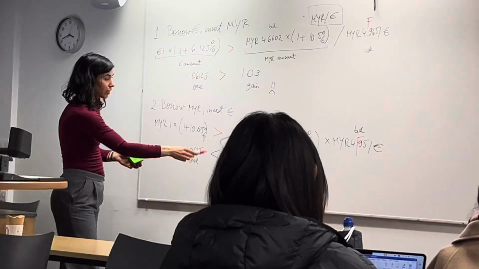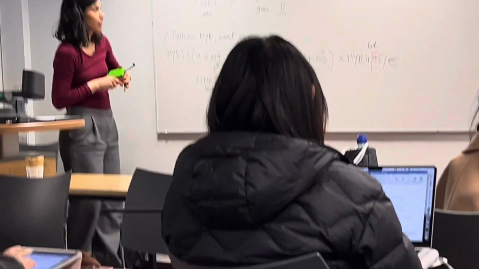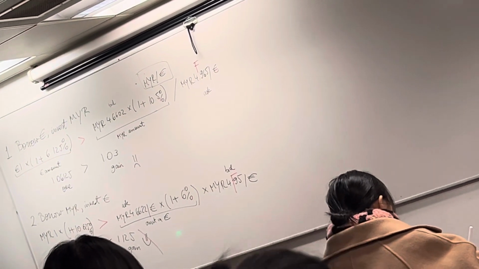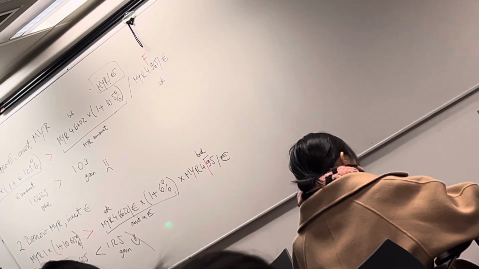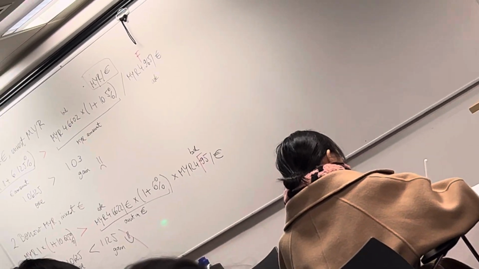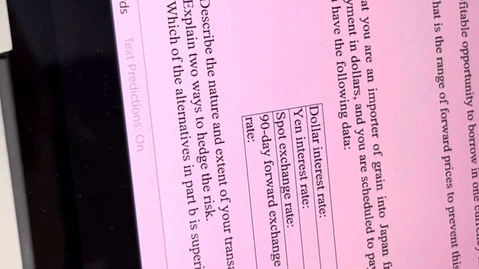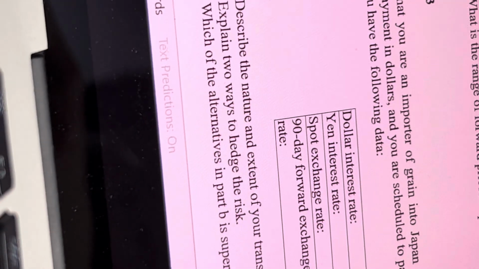So here we change it. So we set the inequality such that there is no profit, because that's what the question asks. Find F such that there is no arbitrage opportunity, which means there is no profit opportunity. Does it make sense? So we change the inequalities and then we solve for F.